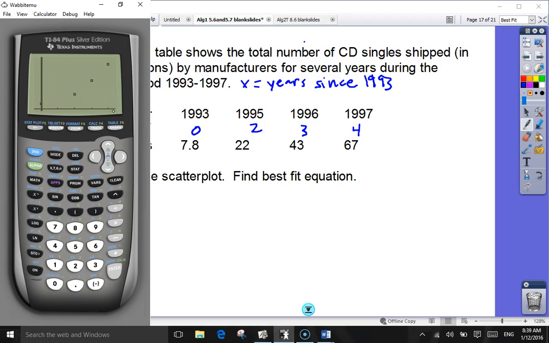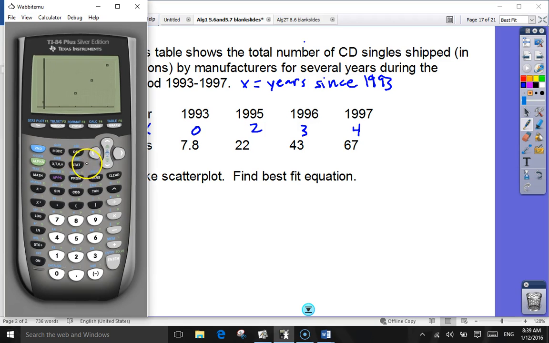Okay, now how do I make a line to go through the middle of those points? Stat, calc, 4, and then hit enter until it goes all the way down the screen. So you should be getting like 14.5x plus 2.4.